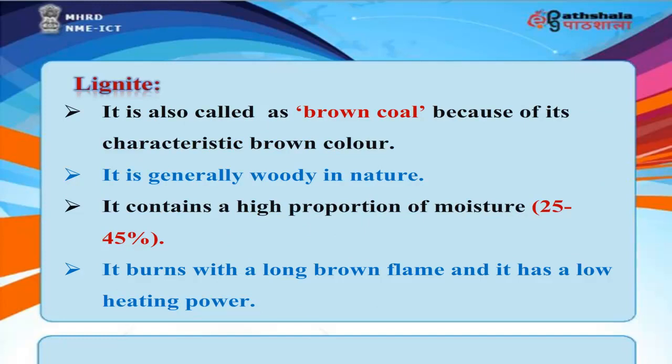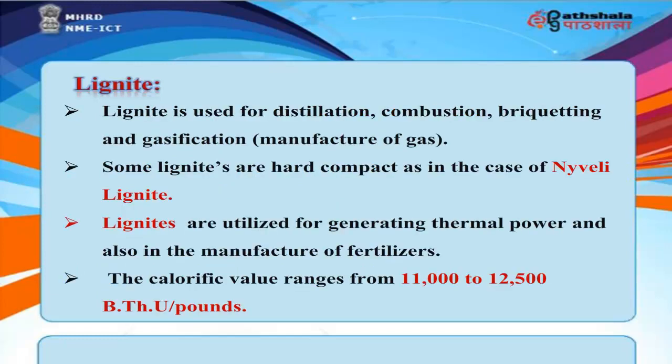Lignite. It is also called as brown coal because of its characteristic brown color. It is generally woody in nature. It contains a high proportion of moisture, 25 to 45%. It burns with a long brown flame and it has a low heating power. Lignite is used for distillation, combustion, briquetting and gasification or manufacture of gas.